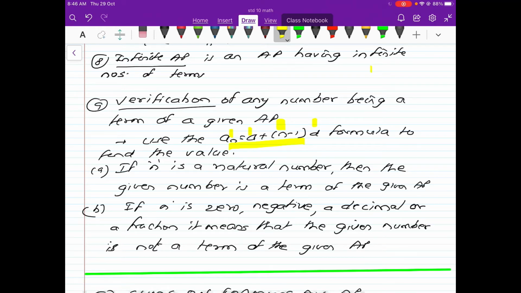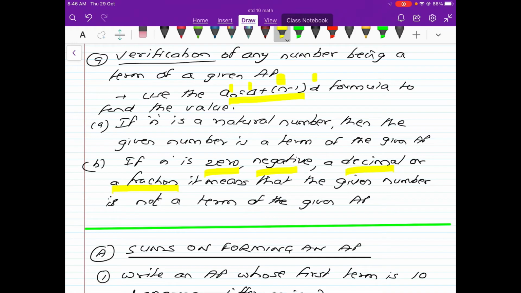If you get n is equal to 66, we can say the given number is the 66th term of the given AP. But what if you get n as 0, n as negative, n as a decimal, or n as a fraction? It means that the given number is not a term or not a member of the given AP. So any number will be a term only if it has n as a natural number.